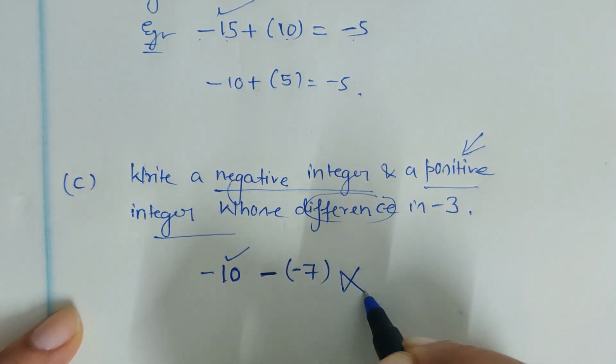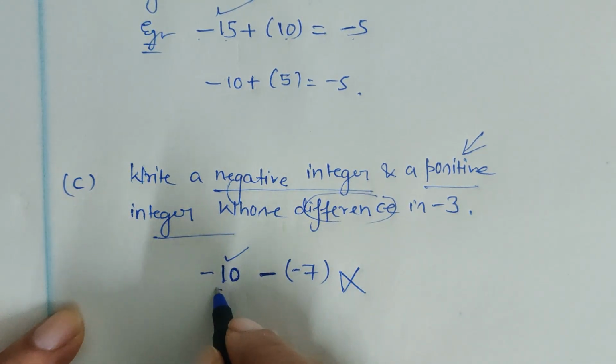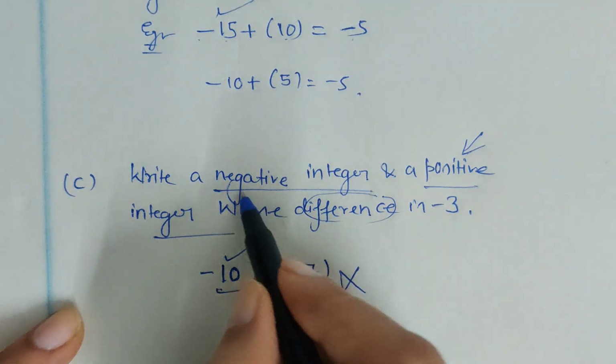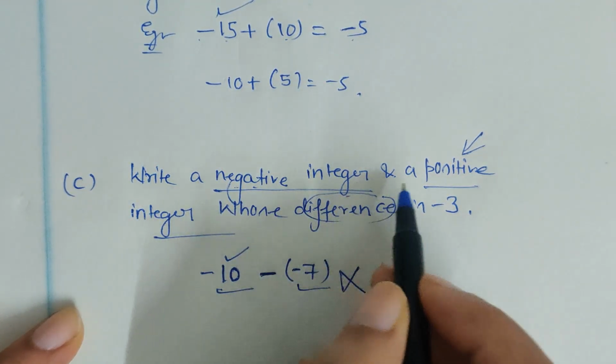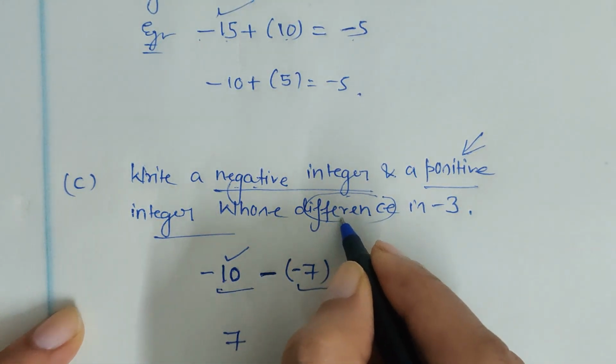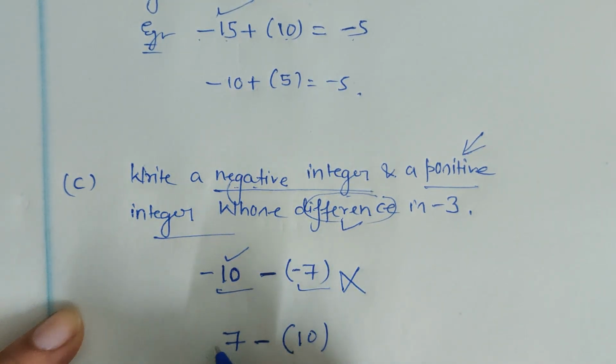See, first I have found the pair which gives us 3, right? But here we are given a negative integer and a positive integer, so just write 7 here, and as the condition is for difference, a minus sign here, and a positive integer 10, but here it has to be negative.